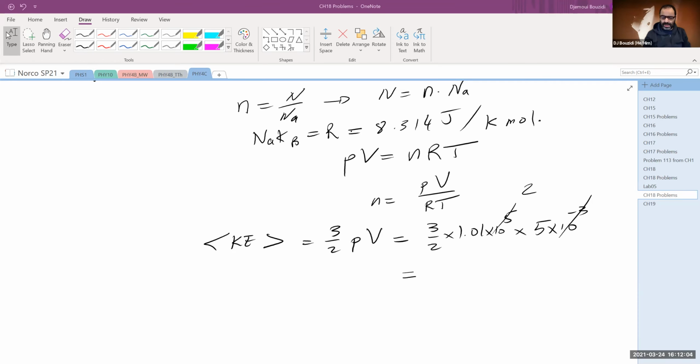How much energy is 3 times 101 times 5 divided by 2? Is this believable? 757 joules? That's it? Roughly 758 joules. Doesn't sound like much.